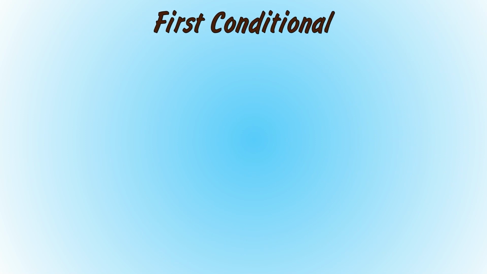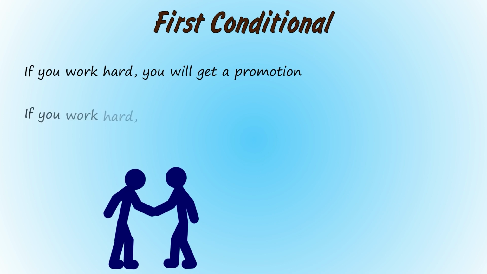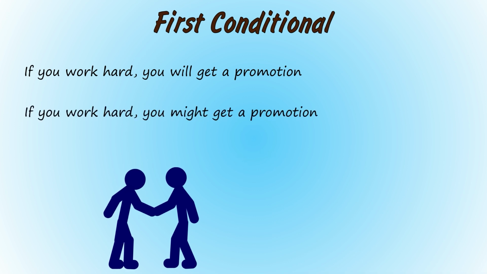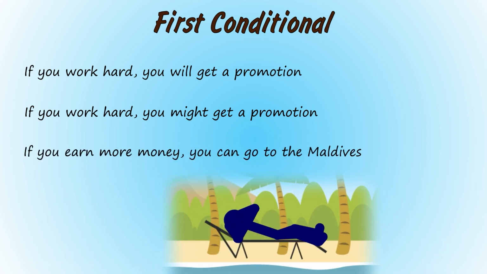Let's look at some examples in the first conditional. If you work hard, you will get a promotion. If you work hard, you might get a promotion. If you earn more money, you can go to the Maldives next summer. These are all examples of the first conditional, but the first example expresses certainty by using will.